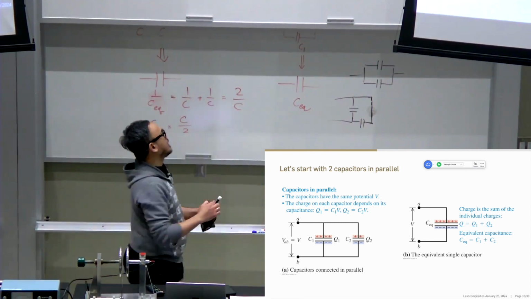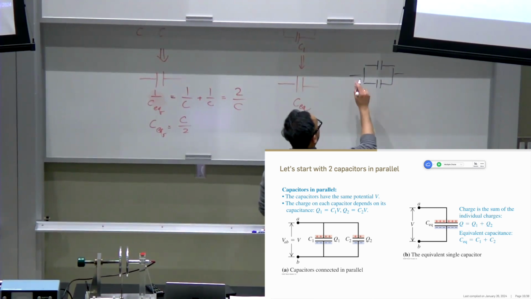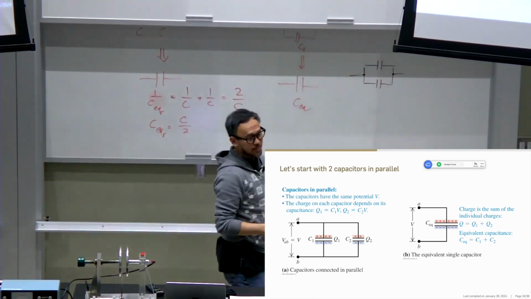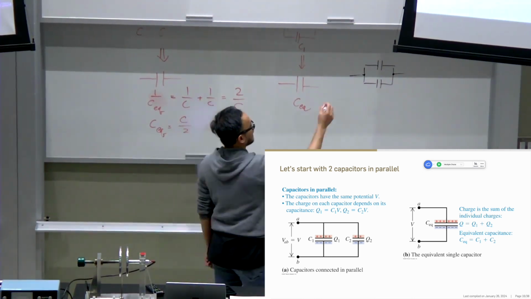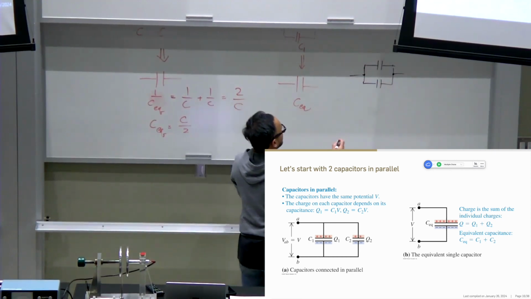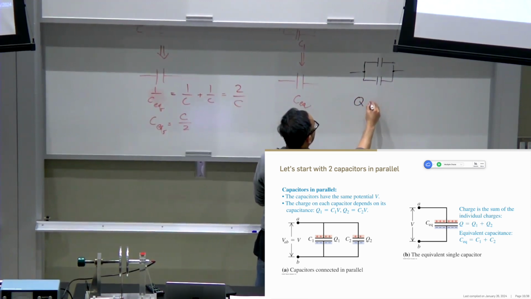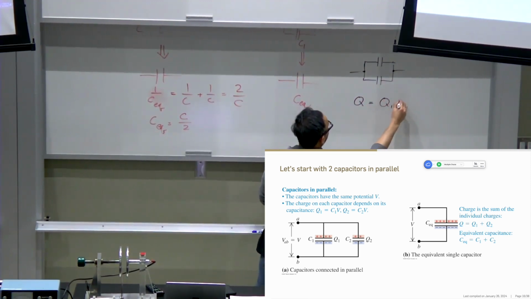So for capacitors in parallel, the voltage here and here are the same because they are connected by a conductor. So basically, Q is equal to Q1 plus Q2.